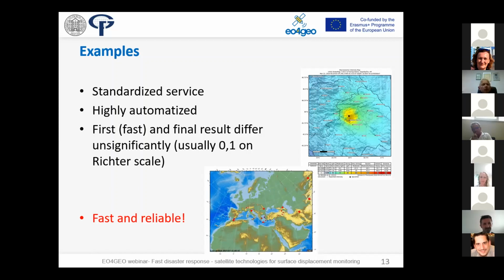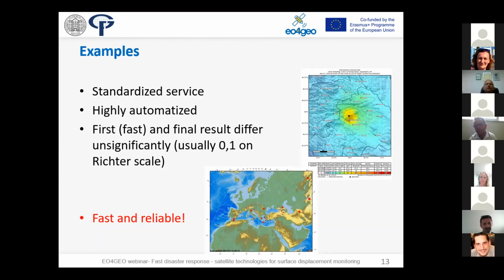And the whole process is highly automated, and we see that the first results when an earthquake happens, and then after a few hours or in a day or two, the final result about the epicenter, hypocenter, and magnitude of the earthquake differ usually insignificantly, so maybe 0.1 or 0.2 on the Richter scale, which in the case of strong earthquakes of magnitude 5 or more is not essential.